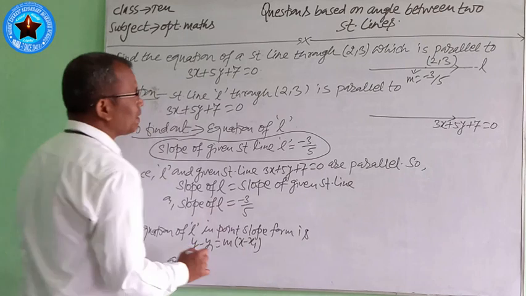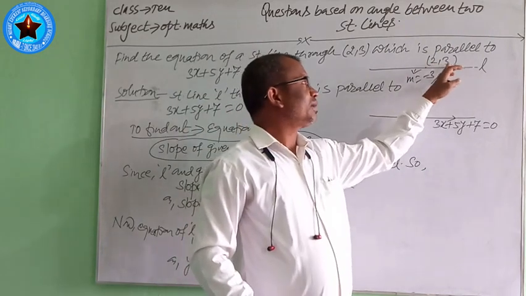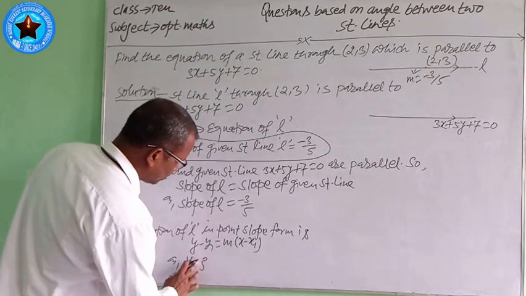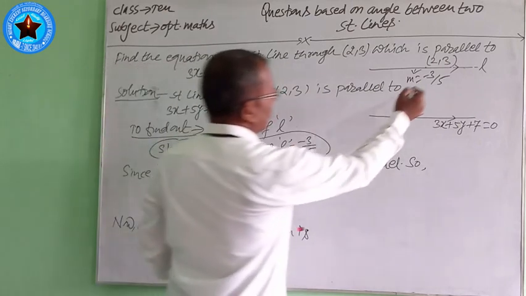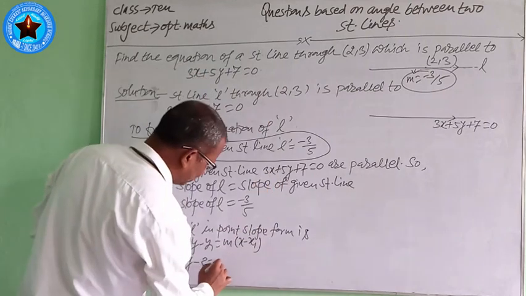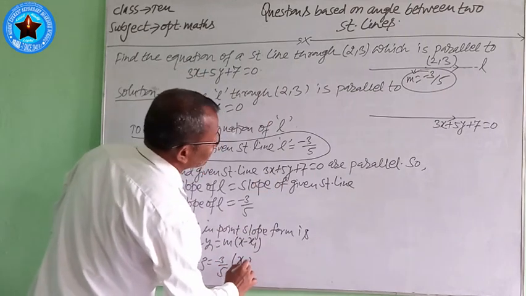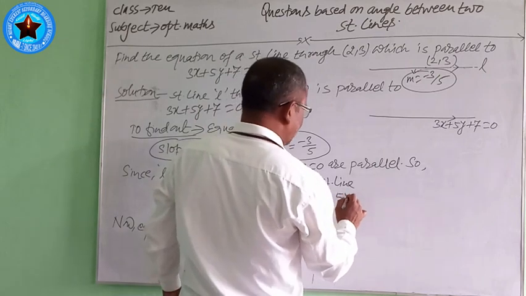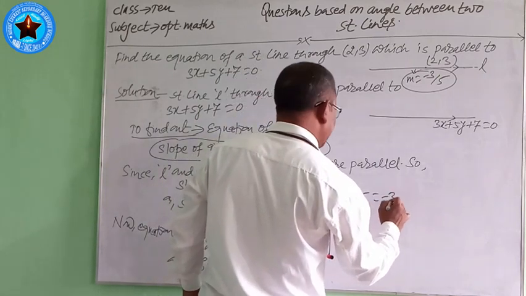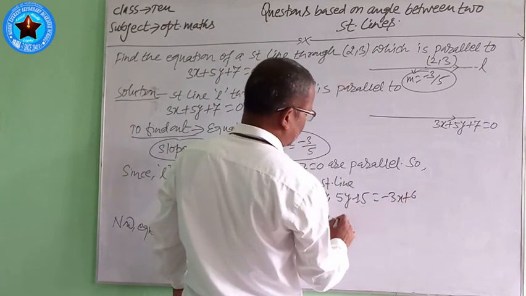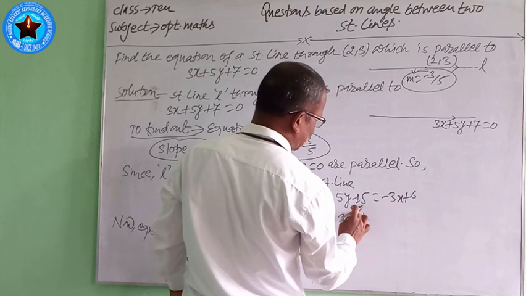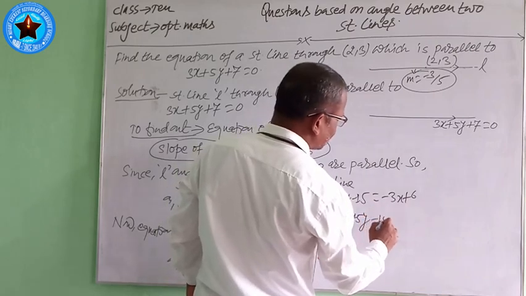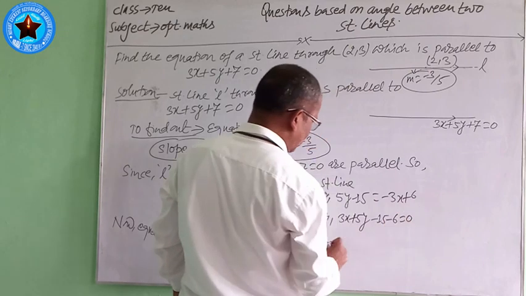Here y1 is 3, the value of m is minus 3 by 5, and x1 is 2, so y minus 3 equals minus 3 by 5 into x minus 2, or 5y minus 15 equals minus 3x plus 6, or 3x plus 5y minus 15 minus 6 equals 0.